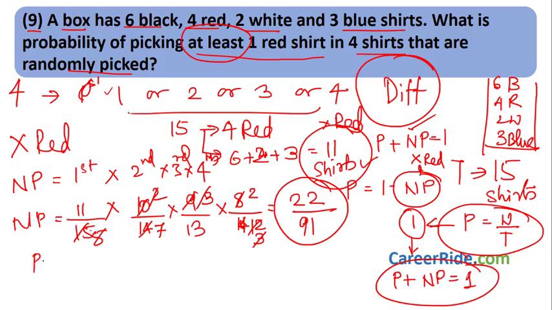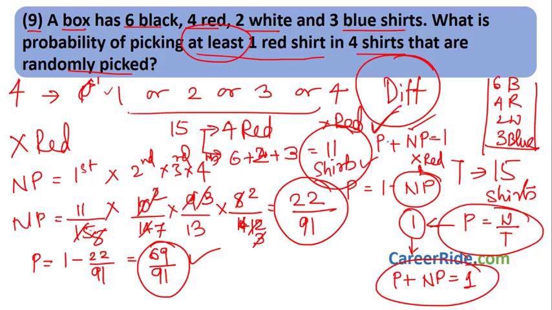Then what is the probability of choosing at least one red shirt? It is 1 minus 22 upon 91, that would be 69 upon 91. This is the probability of choosing at least one red shirt. How did we do it? We saw the words "at least", so we used the formula: the probability of choosing at least one red shirt plus the probability of not choosing at least one red shirt is equal to 1.